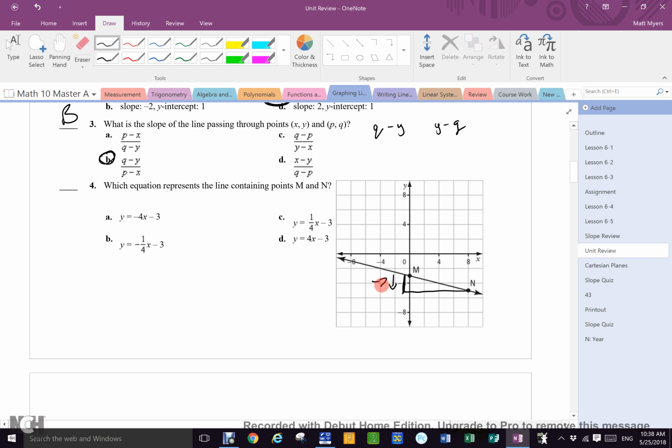So I went down -2. How far out did I go? +8. -2/8 is negative 1/4. So that's my slope. What's my y-intercept? Negative 3. My b equals negative 3. So where do I see negative 1/4 for a slope and negative 3 for a b? B.